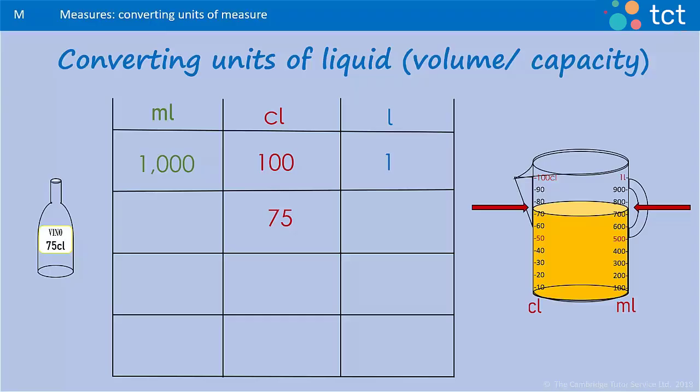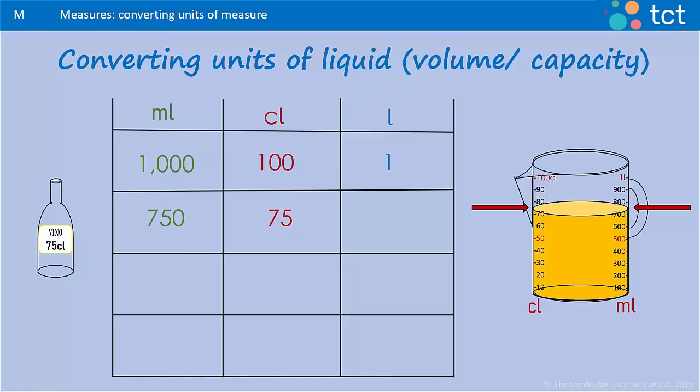As with units of length, where there are 10 millimetres in a centimetre, with units of volume, there are 10 millilitres in a centilitre. So we multiply the centilitres by 10 to work out how many millilitres we have. So that's 750 millilitres.